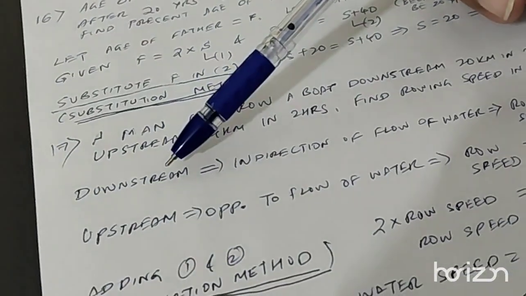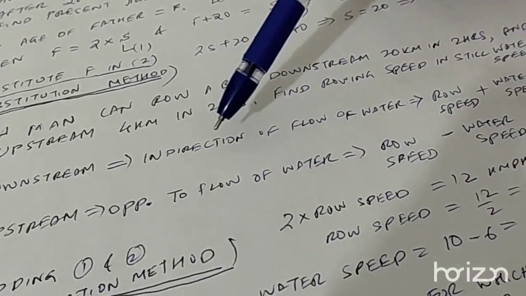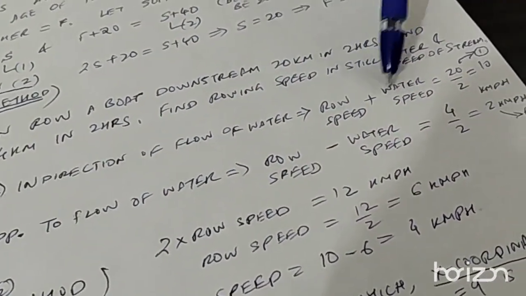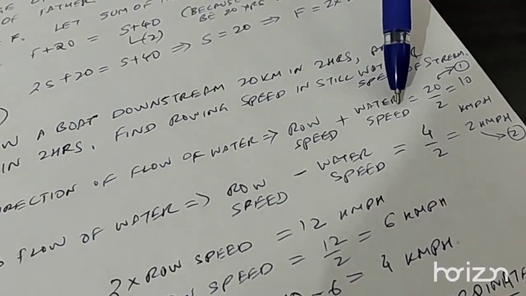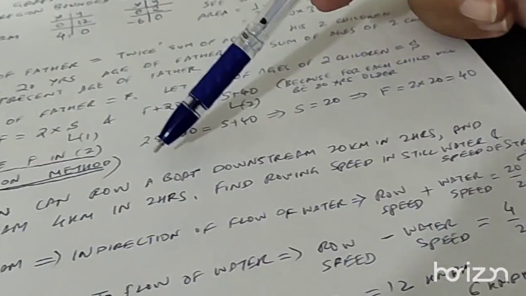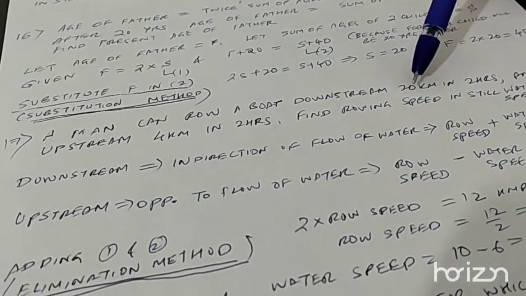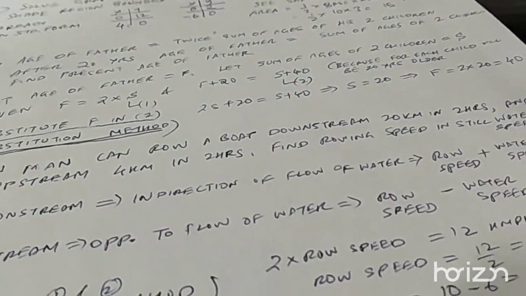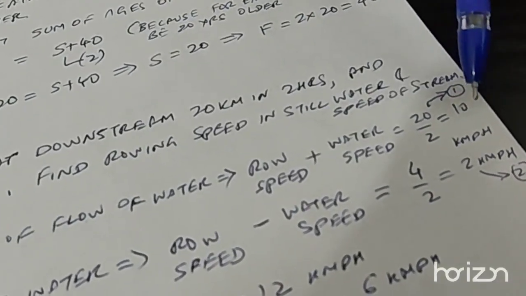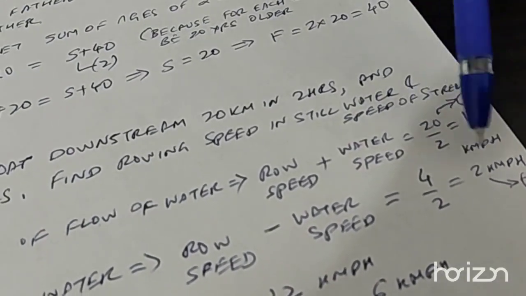We have mentioned that downstream is in the direction of the flow of water, which means your rowing speed and water speed will add up. They say that he can row a boat downstream 20 kilometers in 2 hours, means 20 kilometers divided by 2 hours, that is his downstream speed is 10 kilometers per hour, 20 by 2.